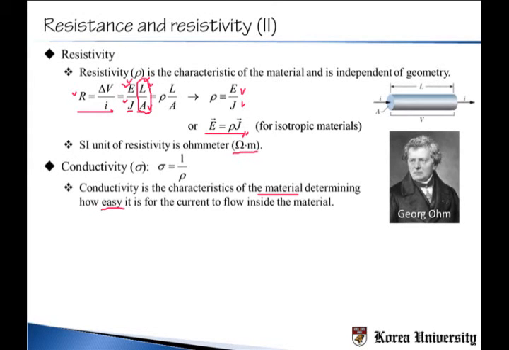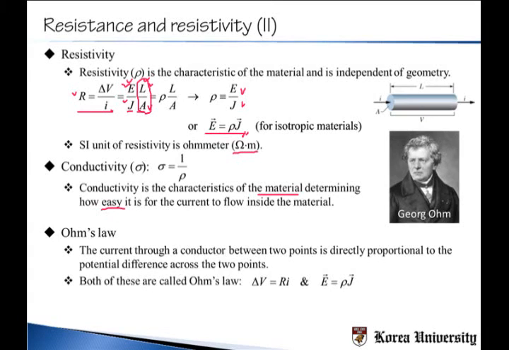And it's not written here, but you can also think about conductance, which is the inverse of resistance. And therefore, what can you say about conductance? Conductance is a characteristic of the object, determining how easy it is for the current to flow inside this object, right? Okay, can you understand what I mean by that? Okay, I hope you do.